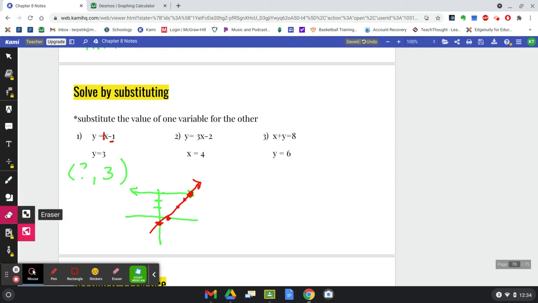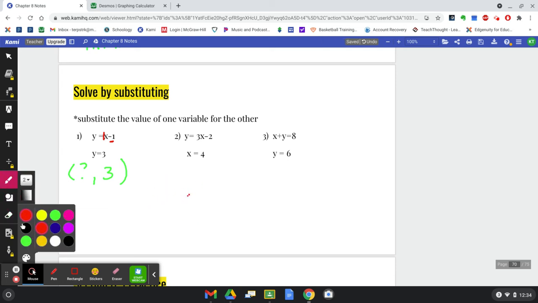So what we can do is use substitution. I already know what the value of y is. So I can simply take this value and plug it in and say 3 equals something minus 1. I should know it's 4, but if I add 1, use inverse, so it looks like 4.